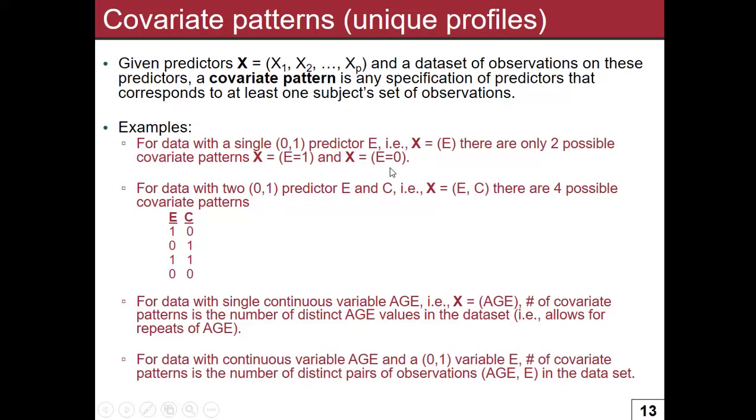The people in your data set only take on two types of X; they can only be exposed or unexposed. If you've got two binary covariates, exposure and confounder, C, then there are 4 possible types of people you can have in your data in terms of the covariates: exposed but a 0 for the confounder, unexposed, 1 for confounder, and so forth.